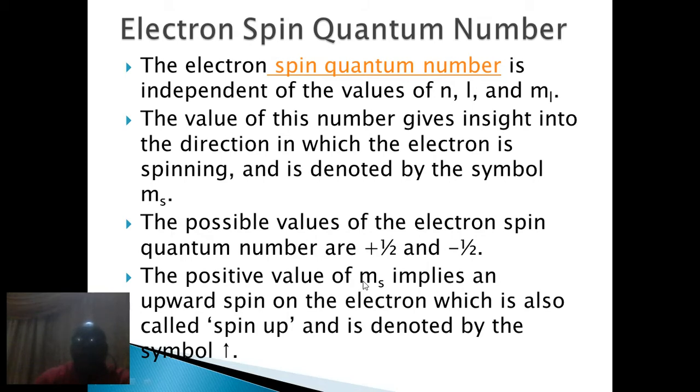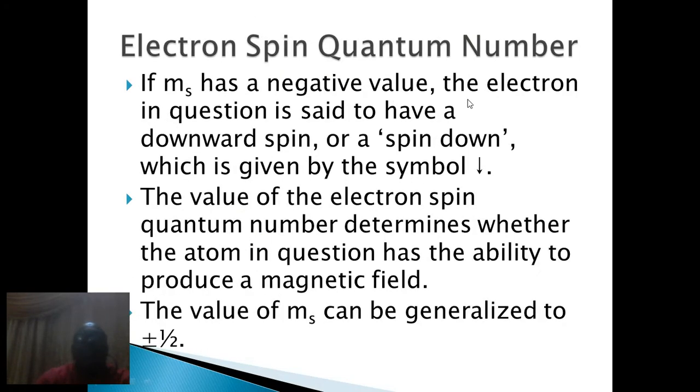If the magnetic spin quantum number is plus half, is positive, it means the electron is spinning upward or clockwise. You can see spin up, denoted by the arrow going up. And if it is negative, minus half, it means that it is spinning in the opposite direction, spinning down, as denoted by this arrow symbol.